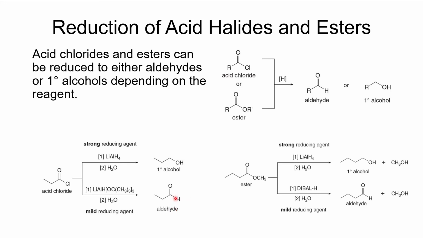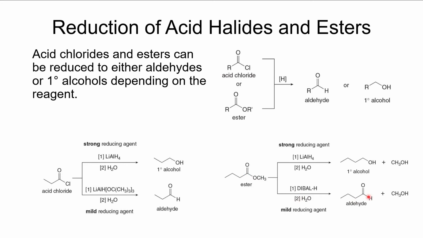All right. Another example is with esters. Again, with an ester, if you treat it with lithium aluminum hydride, you can reduce it all the way to an alcohol, because that's what LAH does. And if you take the DIBAL and treat the ester with it, you can reduce it to an aldehyde.